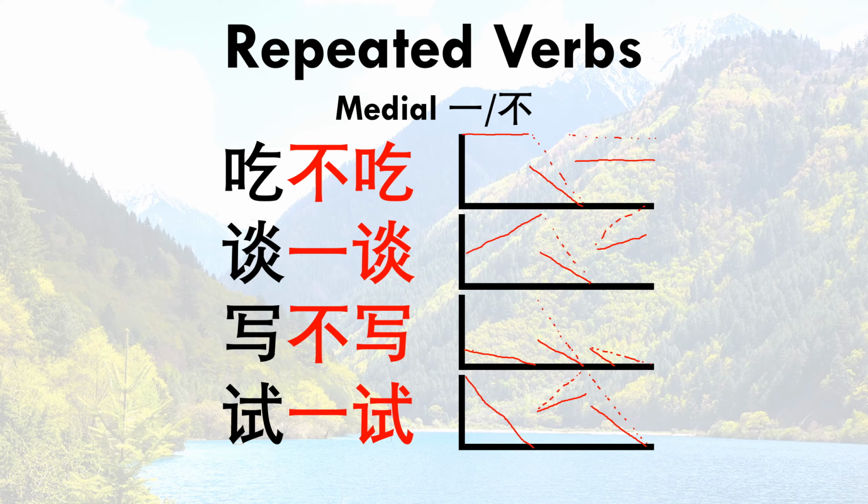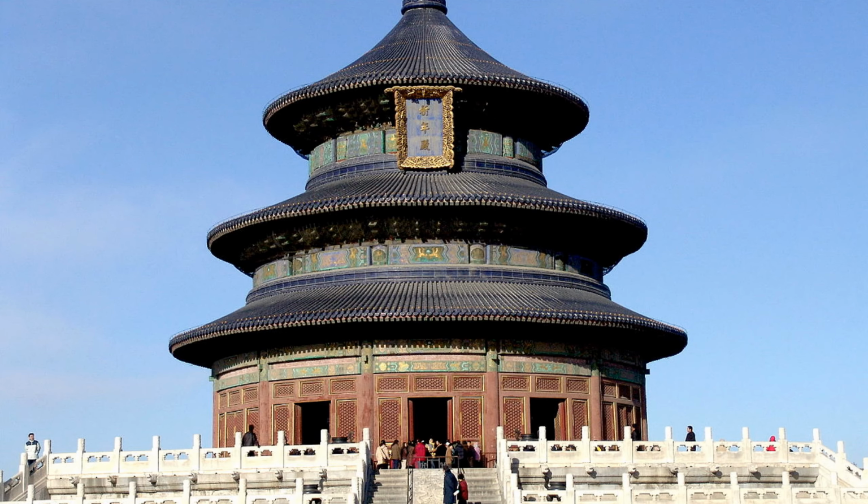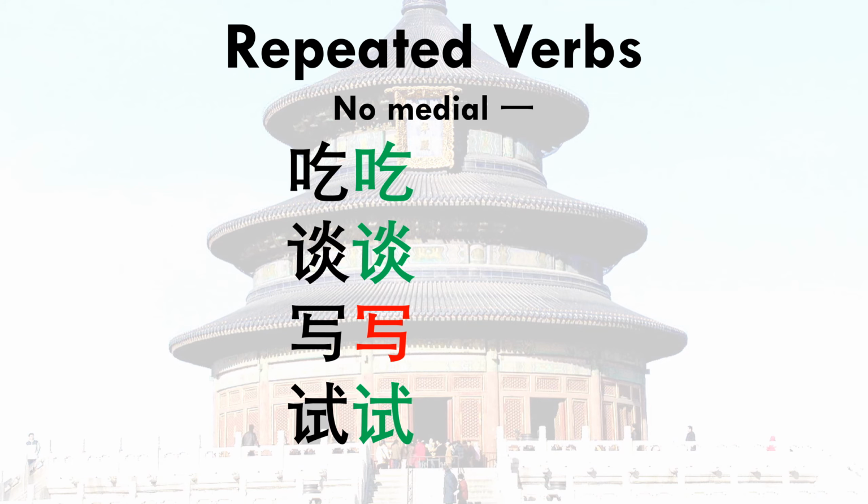The thing about repeated verbs is if you don't have medial 一 or 不, you actually want to fully de-stress it and use fifth tone. So instead of saying 吃 like stressed, unstressed, it's 吃 like fully unstressed using the fifth tone. And I'll have a video on fifth tone later. But for the third tone, if the word is third tone, then you actually do de-stress it regularly instead of using the fifth tone.